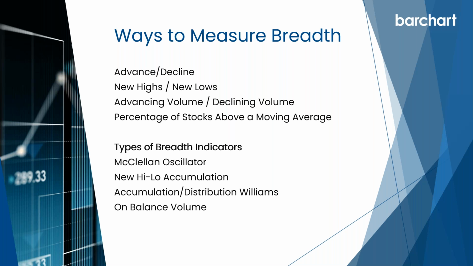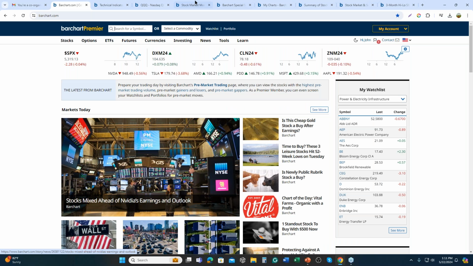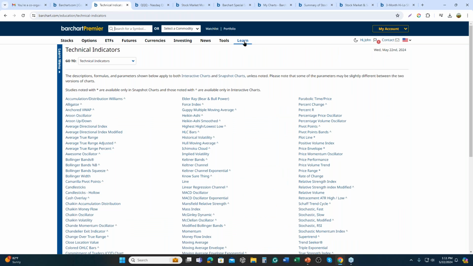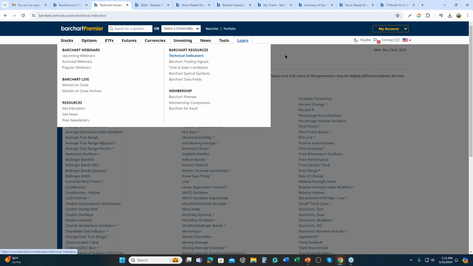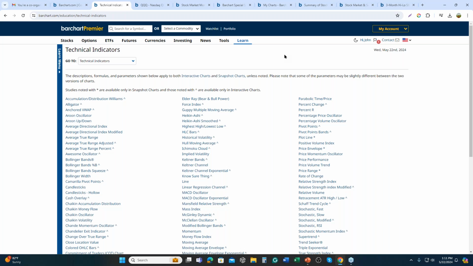Under the Learn section, you will find the heading Technical Indicators, and that will take you to a library of the different technical indicator studies that we have and what they represent.